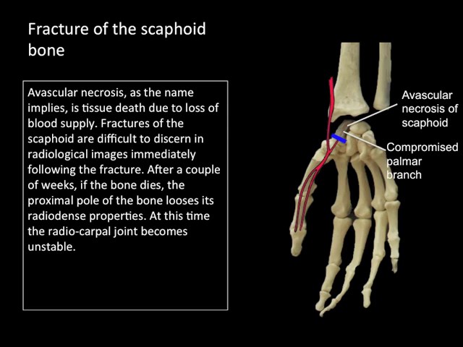Fractures of the scaphoid are difficult to discern in radiological images immediately following the fracture. After a couple of weeks, if the bone dies, the proximal pole of the bone loses its radiodense properties. At this time, the radiocarpal joint becomes unstable.